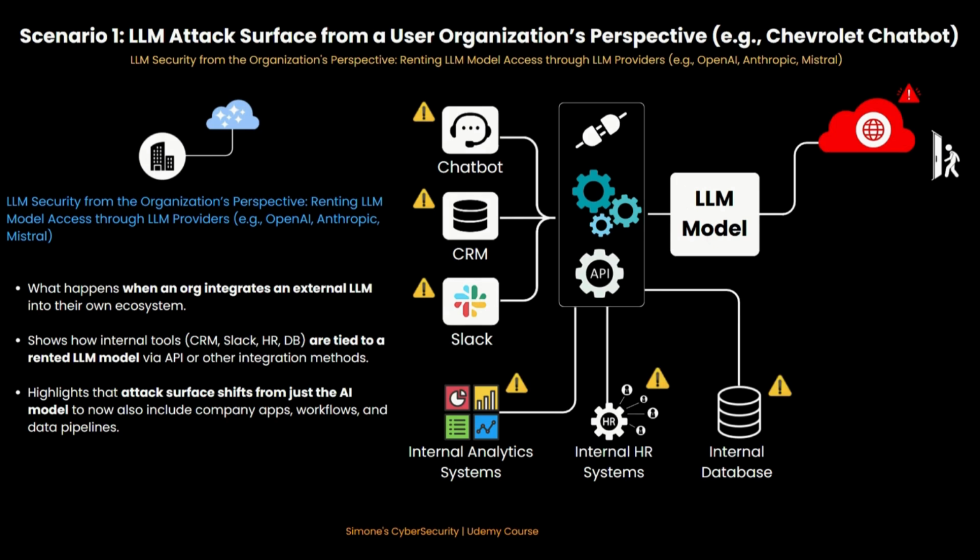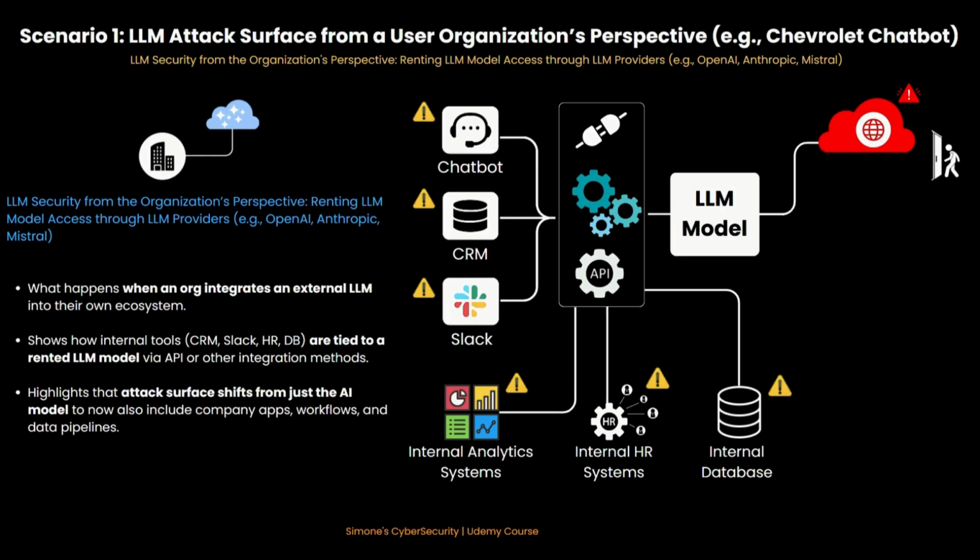So instead, organizations access these models as a service, renting them from LLM providers like OpenAI, Anthropic, or Mistral. These models are hosted in the provider's cloud environment, and the organization integrates them into their own applications via APIs. Now, here's where the attack surface begins to shift.